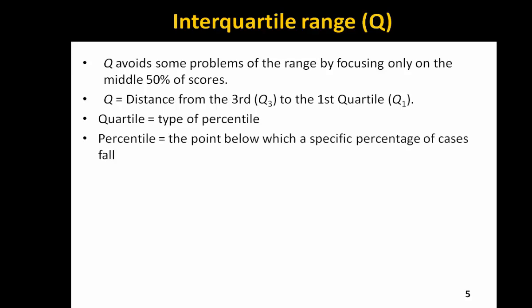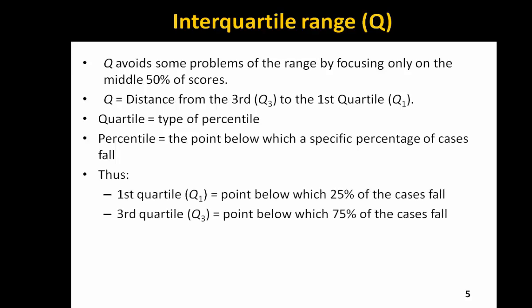Once again, as discussed in the previous lecture, the percentile refers to the point below which a specific percentage of cases will fall. So if we're talking about the 25th percentile, as we see here, the 25th percentile corresponds to what we call the first quartile.